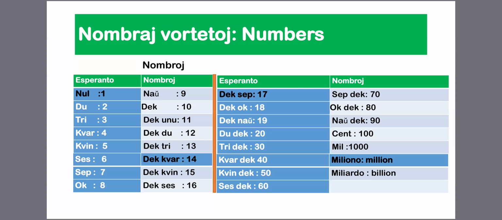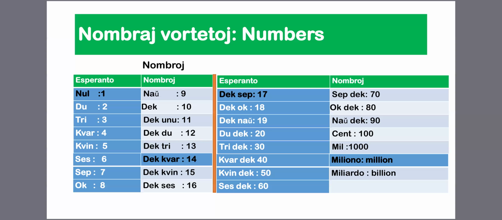When you start with 11, you take dek, the 10, and then you add a 1. Here you can read dek unu. Dek, a 10, and unu is 1, which we said before. If you say 12, you take a dek, a 10, and you take the 2.